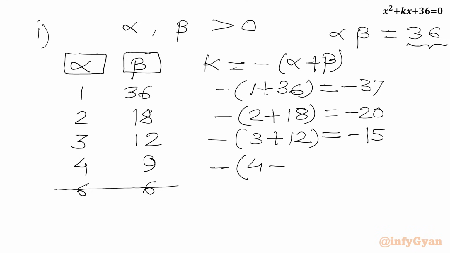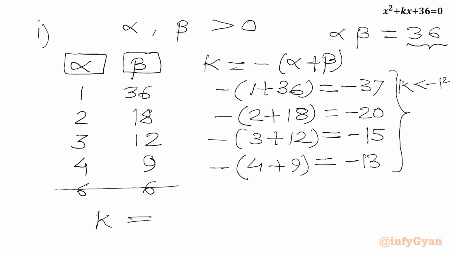Minus of 4 plus 9 gives us minus 13. If you look at the k values, our condition on k was k should be less than minus 12. Here minus 37, minus 20, minus 15 and minus 13, all four values are less than minus 12. So k values will be minus 37, minus 20, minus 15 and minus 13.